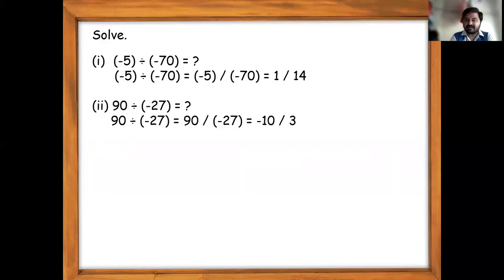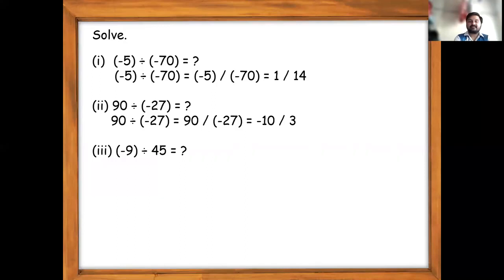Who would like to tell me why we have got the sign of the answer as negative? Yes, excellent. Whenever we divide a positive number by a negative number or a negative number by a positive number, we get a negative number. Absolutely correct, students. So tell me what would be the sign of the final answer in this sum?